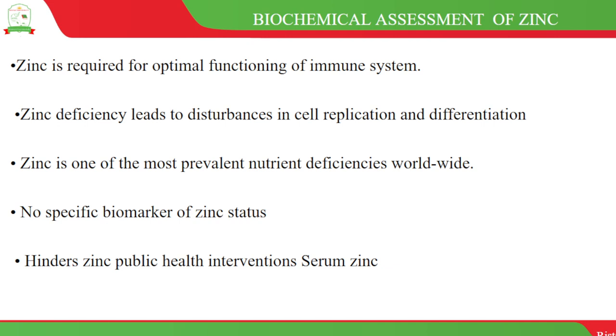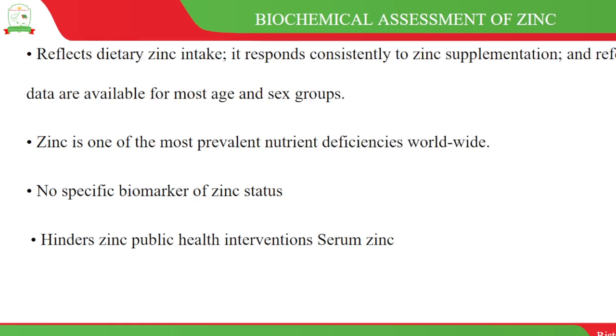True, many people have a deficiency in this, and there is no specific biomarker for zinc status, but you just measure the serum zinc, how much zinc is in your bloodstream. So it reflects dietary zinc intake. Whatever results you get will reflect what someone takes in.